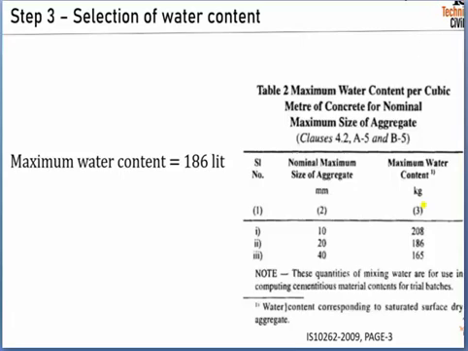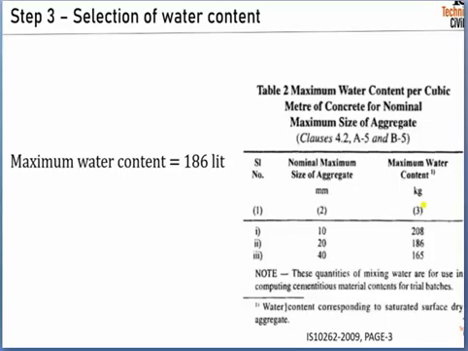Now you can see this table, which is again taken from IS 10262 2009. This is Table 2, maximum water content per cubic meter of concrete for nominal maximum size of aggregate. So corresponding to the nominal maximum size of aggregate, the maximum water content is mentioned: for 10 mm 208 kg per cubic meter, for 20 mm 186 and for 40 mm 165 kg per cubic meter of concrete.